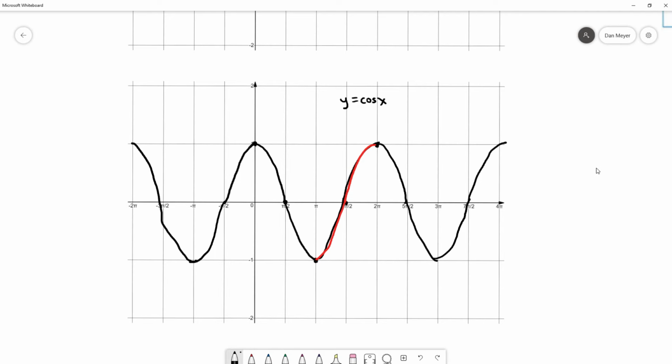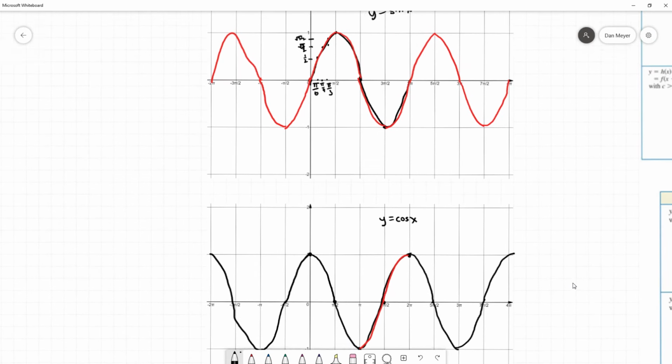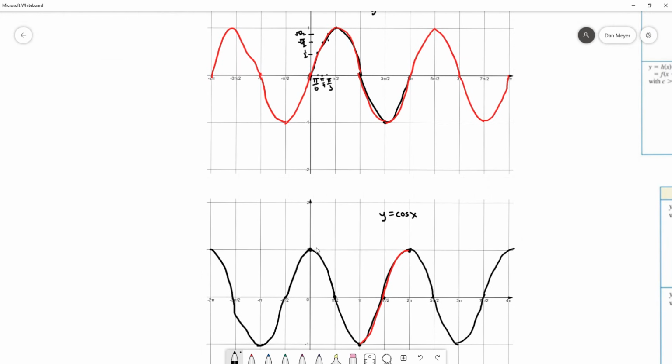Now if we look at the graphs of sine x and cosine x, they have the same shape. They're doing exactly the same thing. It's almost like, wherever sine is going, cosine gets there pi over 2 ahead. Okay, so cosine starts at 1. It takes sine pi over 2 to get to 1, and by the time sine gets to pi over 2, cosine's already back down to 0.